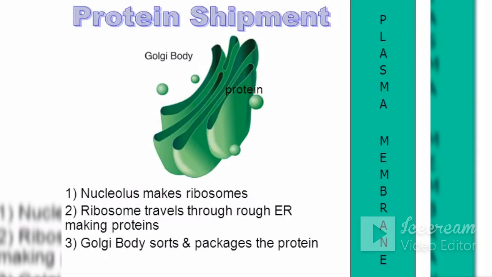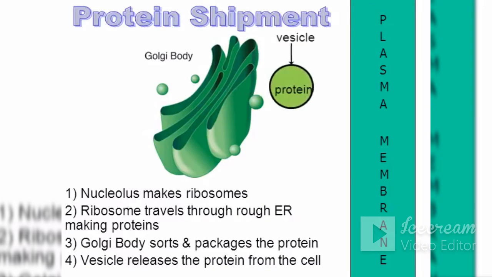When the Golgi body releases the protein, it also will put it in a protective vesicle. So the vesicle is going to be a protective little envelope. Watch this. The protein is put into a protective vesicle and it's released. The vesicle fuses with the cell membrane and then the protein is simply released from the cell, goes where it's needed.